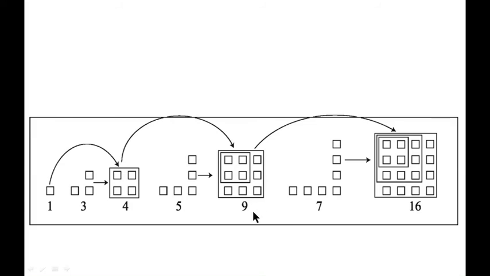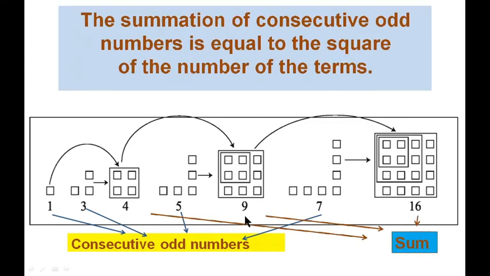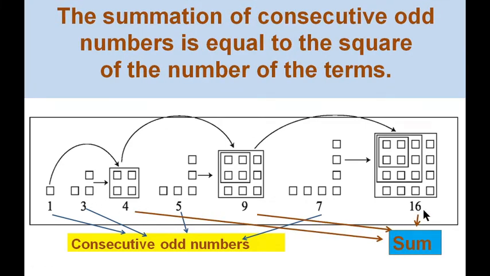And if we add 9 plus 7, that means 16, and 16 is also another square. So we have seen here that 1, 3, 5, 7 are all consecutive odd numbers. And here 4, 9, and 16 are all square numbers.